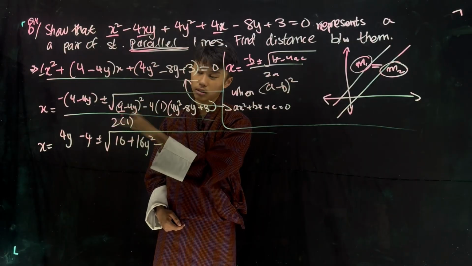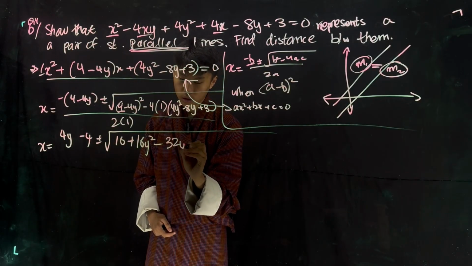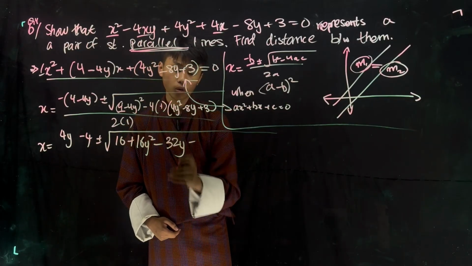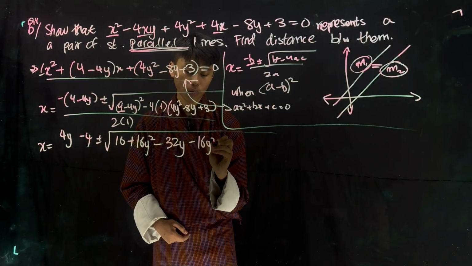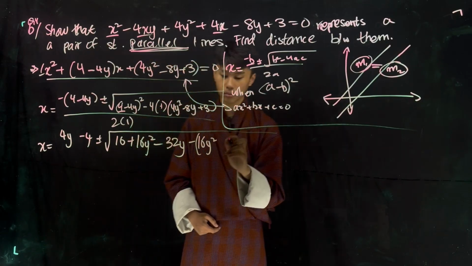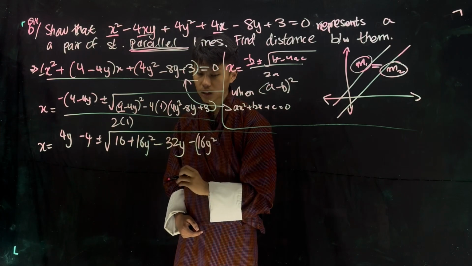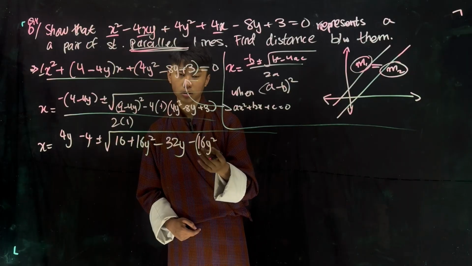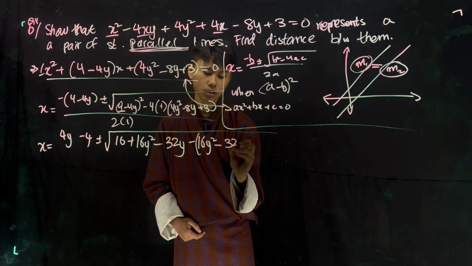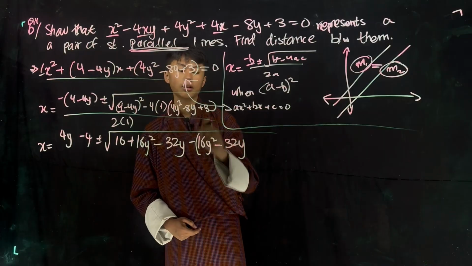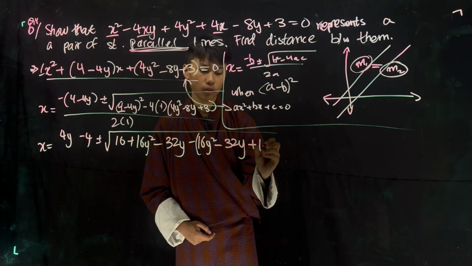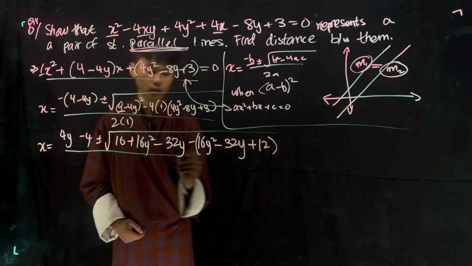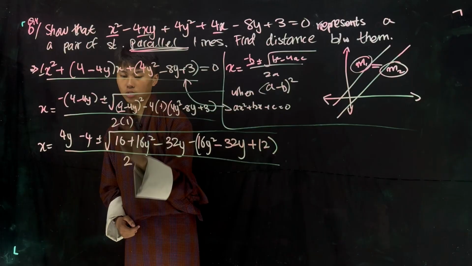So this will give us 4 4s are 16 times 2, 32y subtracted by 4 times 1 is 4. 4 times 4 is 16. So 16y square, and then 4 times negative 8 is negative 32y, and then 4 multiplied to 3 is 12. Okay, so I hope you all understood this portion. Whole divided by 2. 2 times 1 is 2.